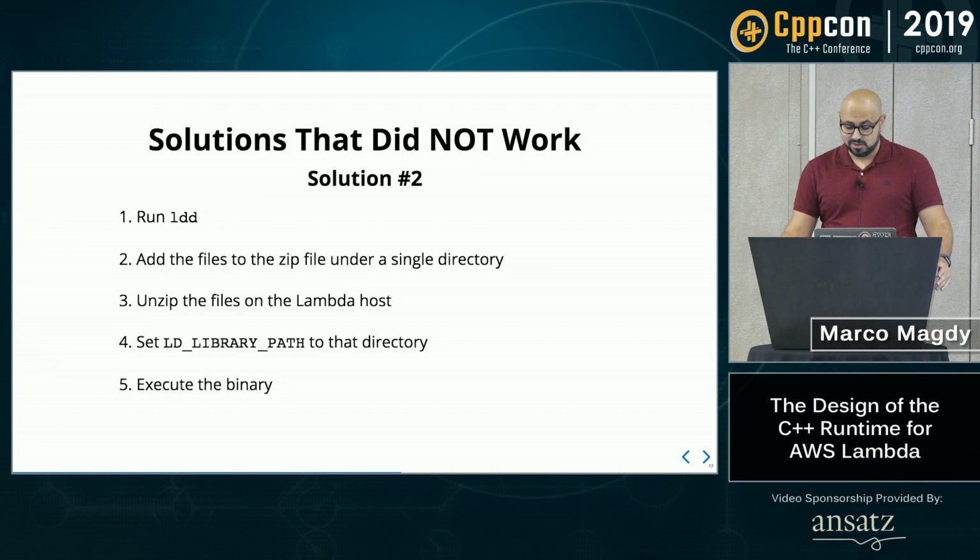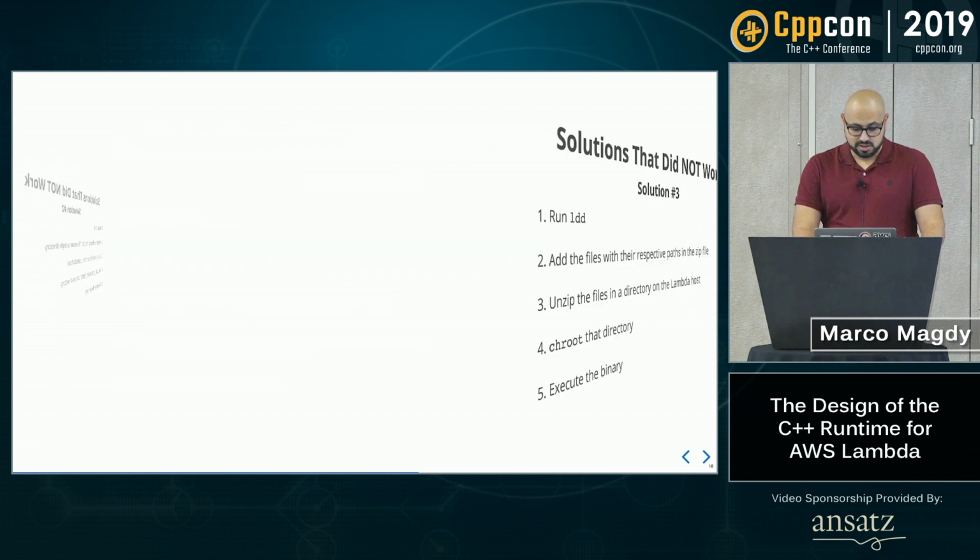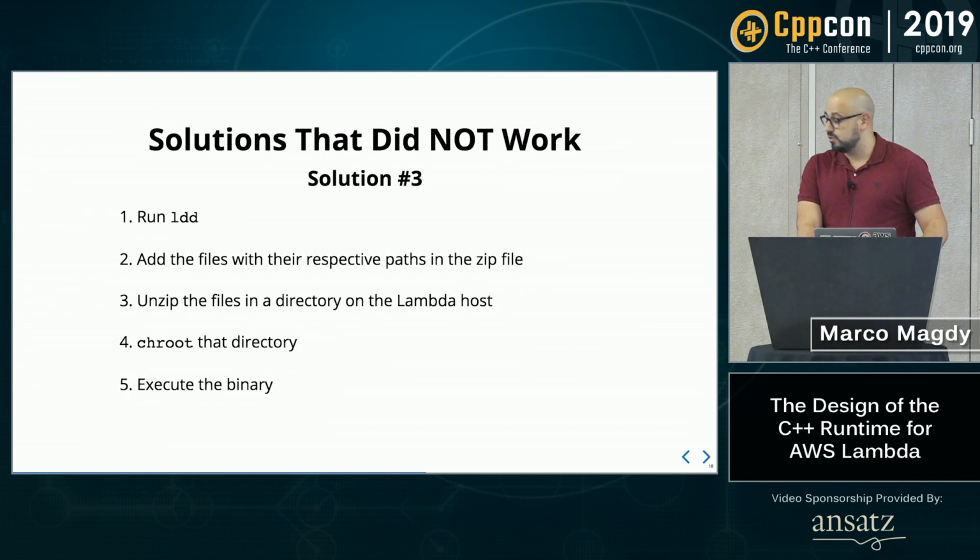We just set the LD library path and we run. But this did not work because of the system dependencies problem that we mentioned earlier. libstandard C++ is linked against a different version of libc, and we're going to get that symbol mismatch error.